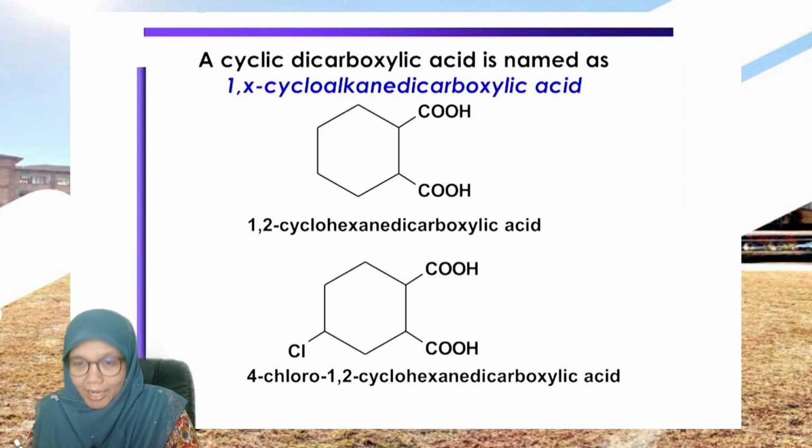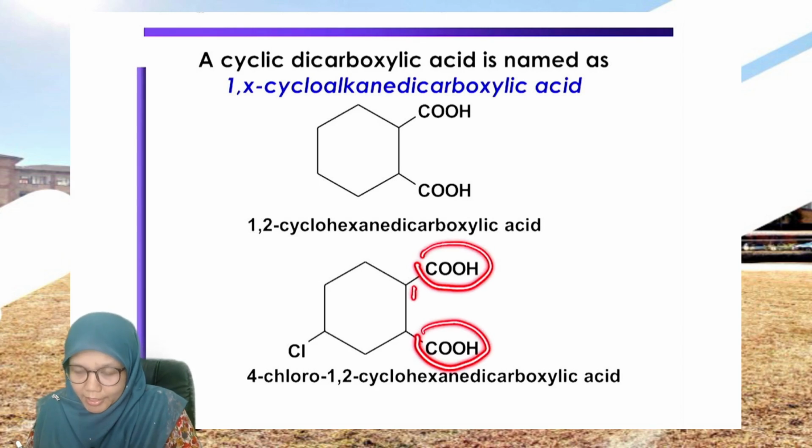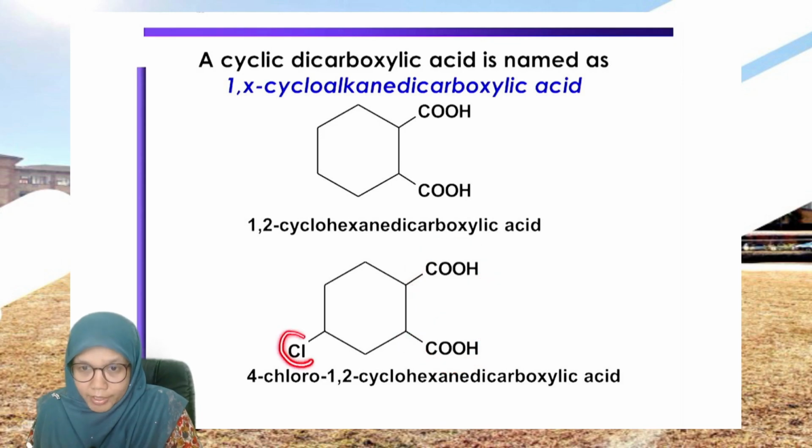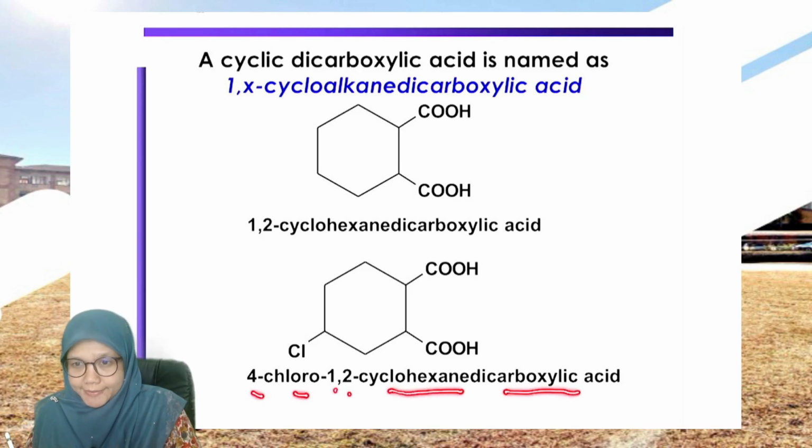If we refer to another example, we have carboxyl group at position 1 and 2. So, chlorine substituent will be at position 1, 2, 3, 4. So, chlorine at position number 4. So, name of this compound is 4-chloro-1,2-cyclohexane dicarboxylic acid.